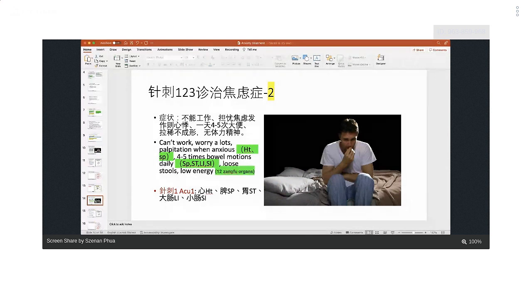In low energy, it could be any organ. Okay. But it could be just spleen, heart, stomach, large intestine, small intestine, and nothing to do with the others. But anyway, let's just treat heart, spleen, stomach, large intestine, and small intestine, and we'll see what sort of strategy we come up with.